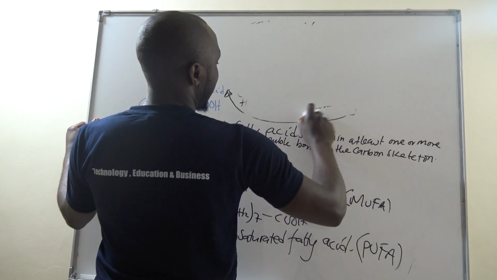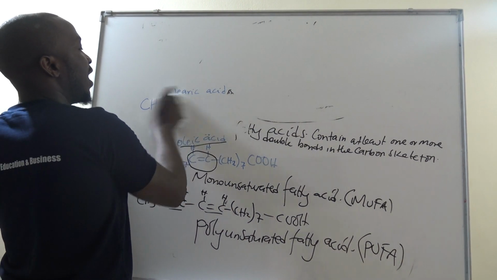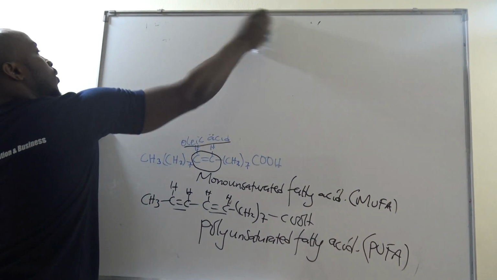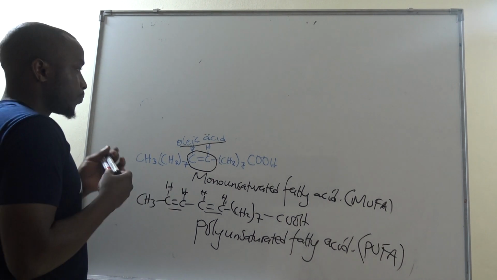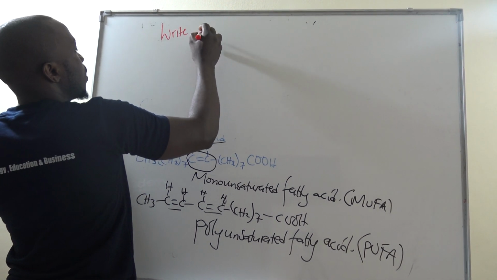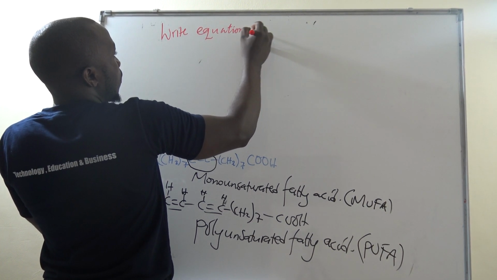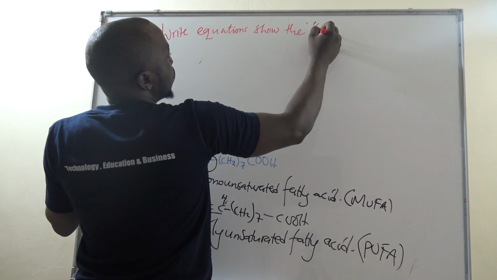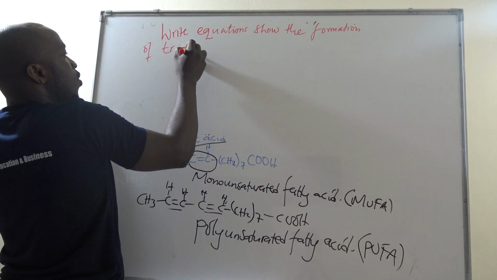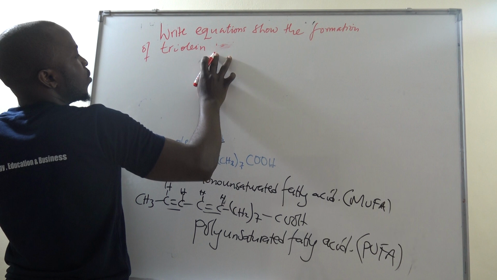If we use oleic acid, an unsaturated fatty acid, with the equations show the formation of triolein fat, triolein oil.